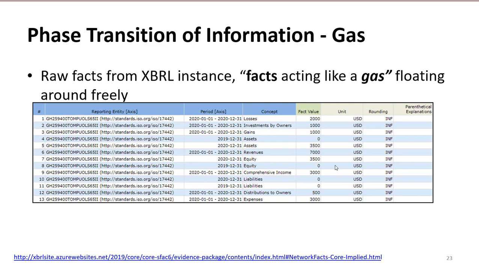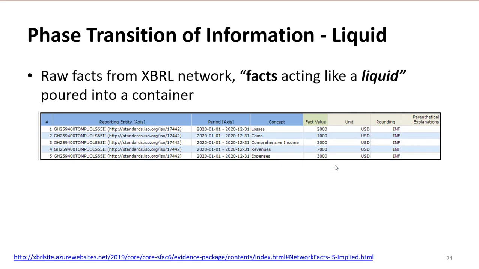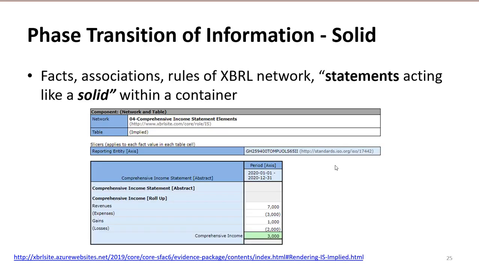So you move from this larger set of all the facts to this smaller set of the facts that you want. So you're putting the facts you want into a container, into a set. Then you use information from the XBRL presentation relations, the XBRL dimension relations, and the rules, and you solidify the liquid and you create a rendering.